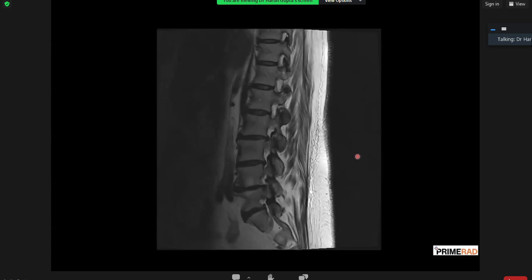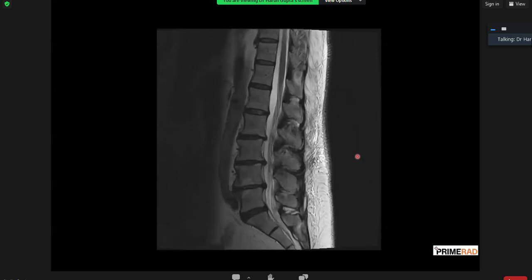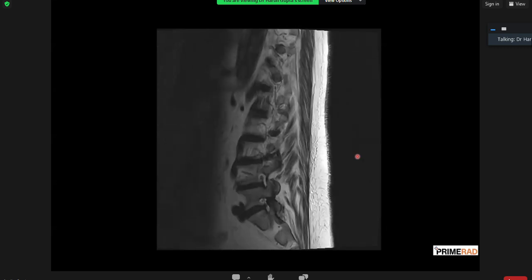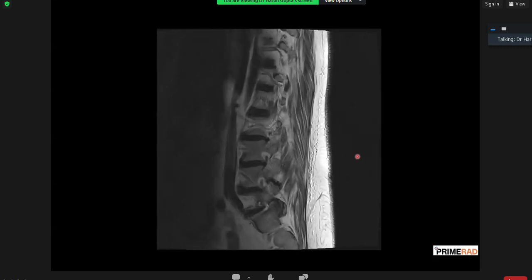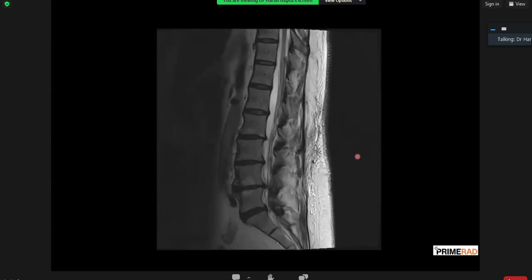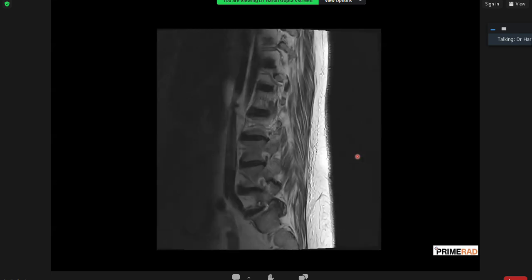Now this one, looking at this one, this is a good example. Again, something we see all the time in clinical practice. This patient has extensive degenerative change all around. So when we look at the degenerative change, the patient has extensive degeneration. And then when we look through it, what we see carefully, this patient came in with hip pain. And when you look carefully, there is a large disc which is extruded at L1-2 level.